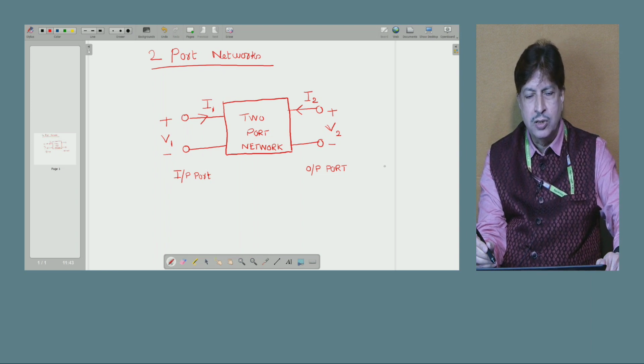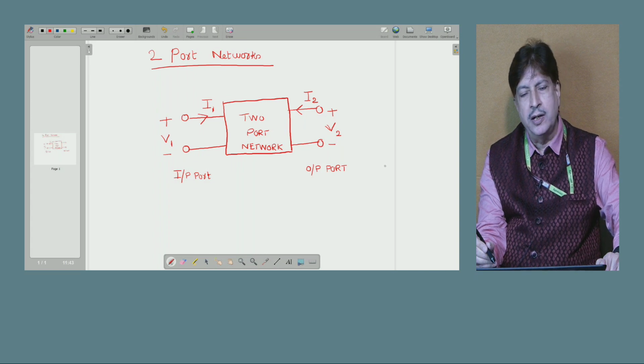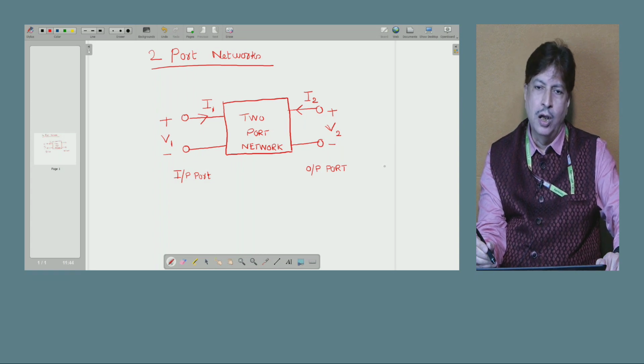What happens when we apply a voltage of V1 and what happens when we inject a current of I1 into the network? Accordingly, how much voltage we get at the output and how much current we get at the output.